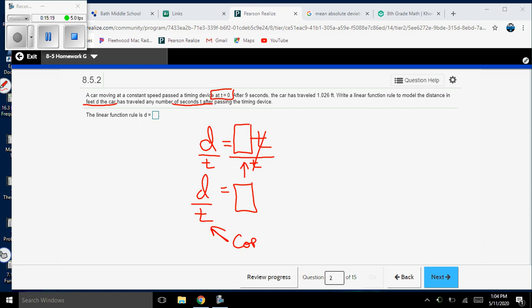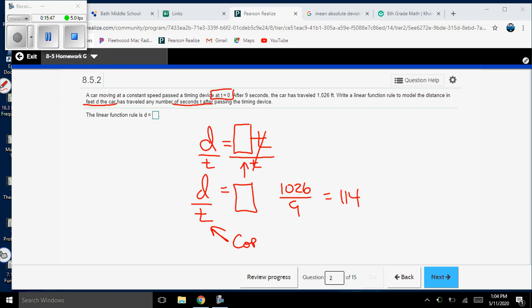Okay? So if we take d, which in this case is 1026, and we divide it by t, which is 9 seconds, we should have our constant of proportionality in that scenario in order to make this work. So 1026 divided by 9 is 114.